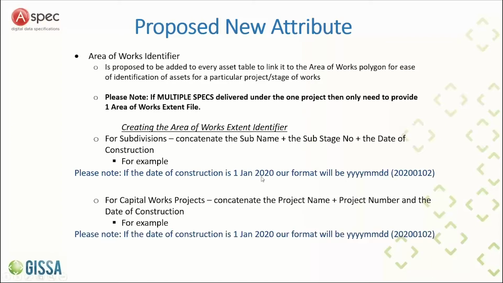For capital works, it'll be the project name, if there is a project name, the project number, if there is a project number, and the date of construction. So however that capital works project is identified, that will be used as the area of works identifier. So essentially the attribute will be called, oh, I haven't put that there, that's a bit remiss of me. The attribute will be called AOW underscore ID.